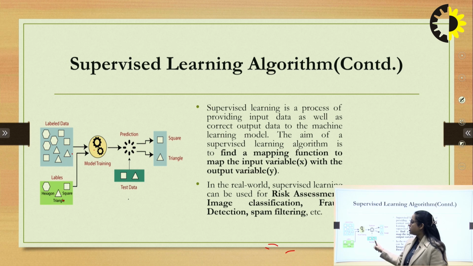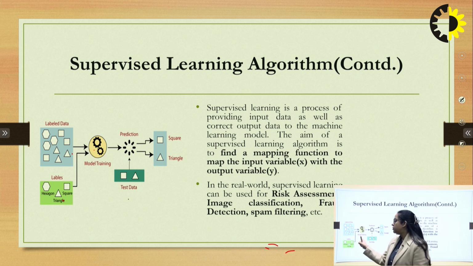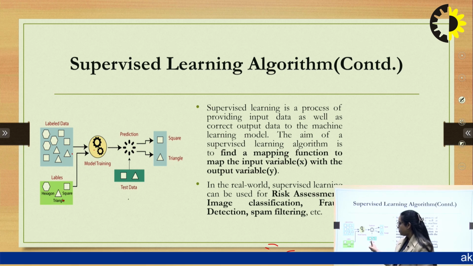First, this square shape will be searched in the prior experiences received by the machine model. Then when this object is mapped to the labeled data set, it is identified by the machine that this is a square. So the machine has predicted that this shape is a square.